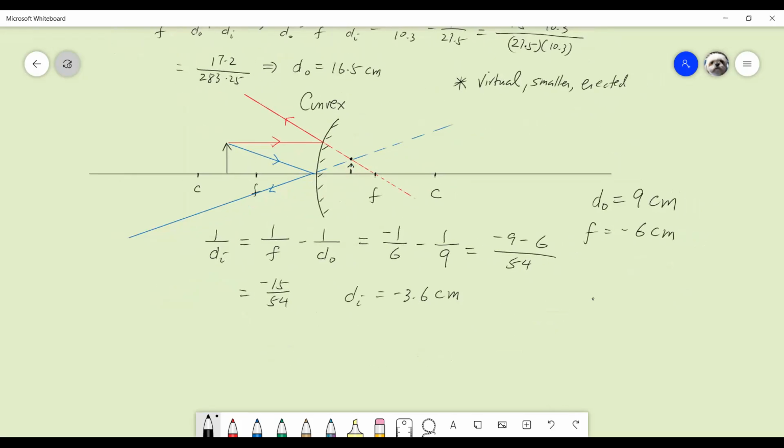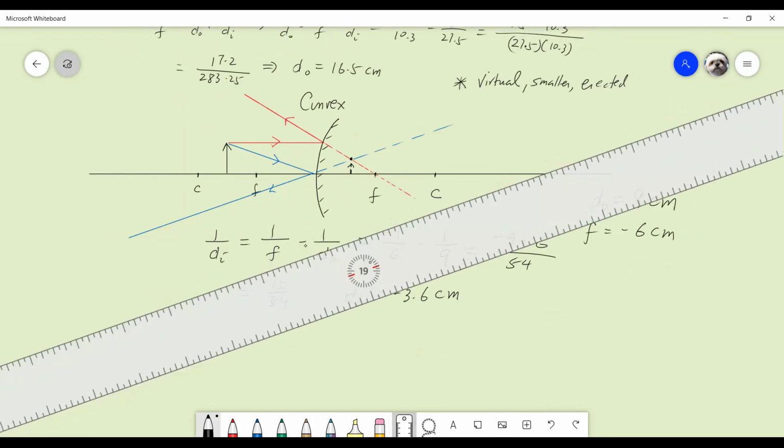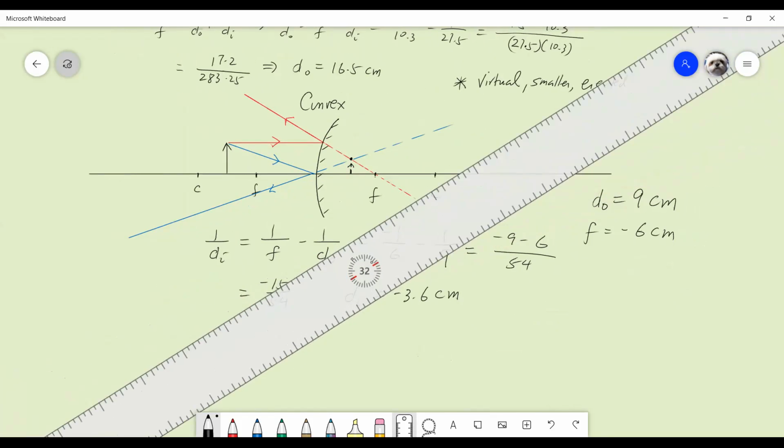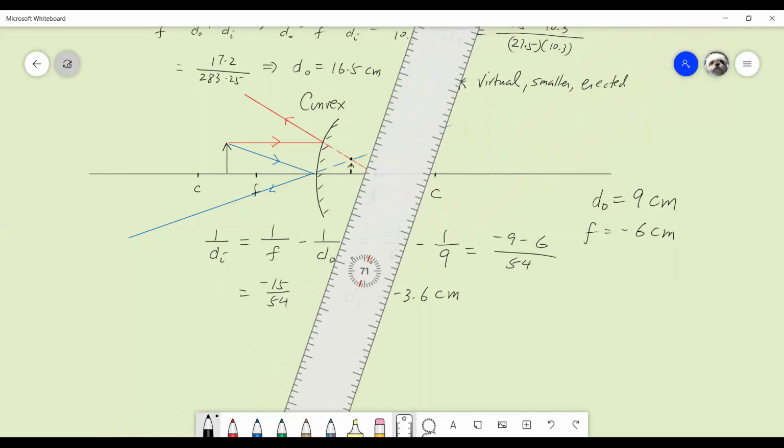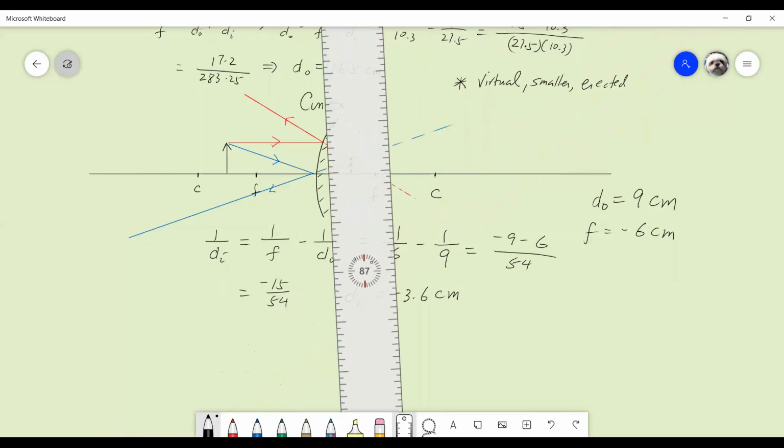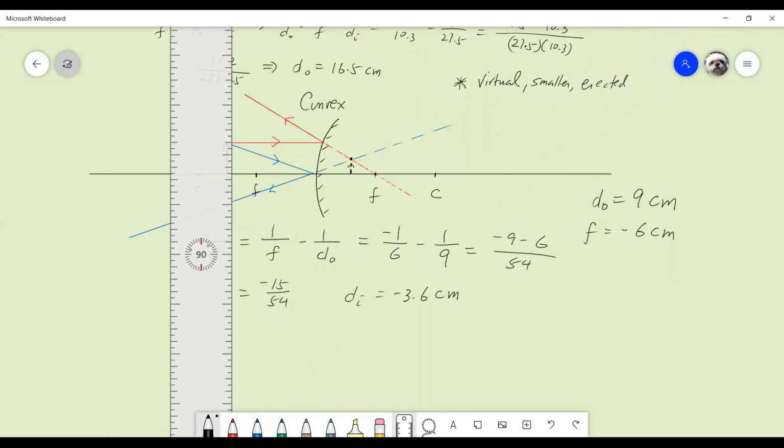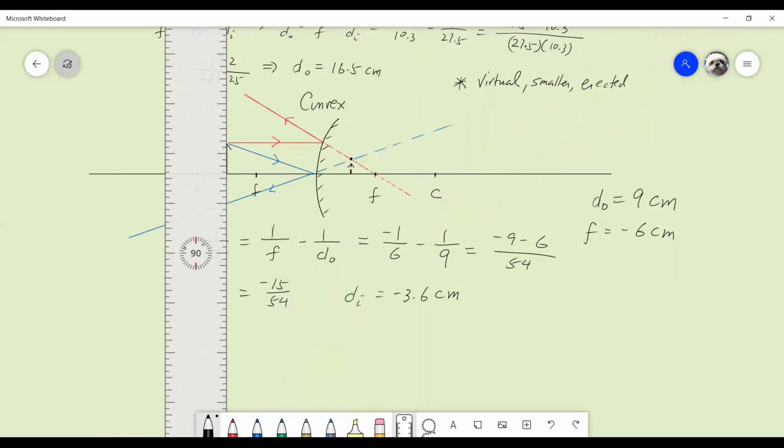So what is the magnification? Let's say my image side. What did I say about the image side? I think I was saying it's 3, so I'm going to go back to measure that. 1, 2, okay, it's 3.